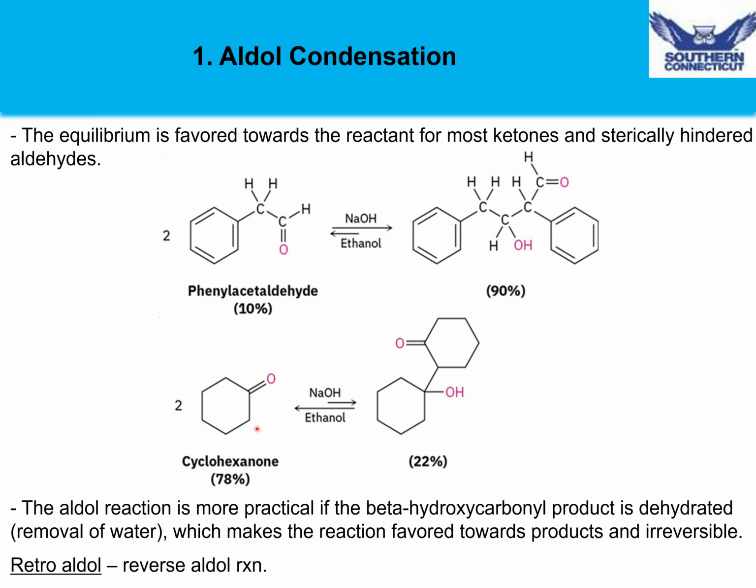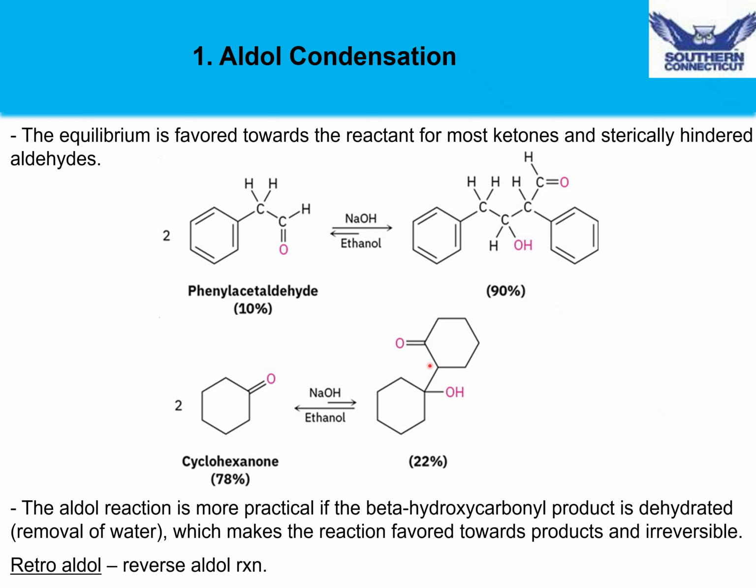Now, to avoid this issue of producing a product that is less stable or less favored than the reactant, for a reversible reaction, specifically the aldol reaction, one of the things that we do to push the reaction towards products is eliminate this hydroxyl group at the beta carbon by adding a base, which removes this hydrogen, the alpha hydrogen of the carbonyl, to do an elimination, which also leads to the elimination of the hydroxyl group.